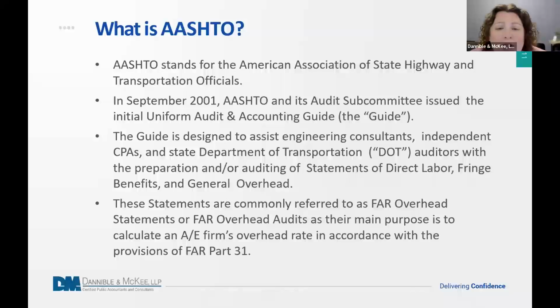It was designed to not only assist you as engineering firms, but to assist independent CPAs and state departments of transportation to really get on the same page of what it takes to prepare and audit a statement of direct labor and fringe, so your FAR overhead rate. So you'll see that this is something we refer to often if you are doing a FAR audit or if you're having a FAR audit done. So you'll hear that terminology a lot, and it's a great guide.